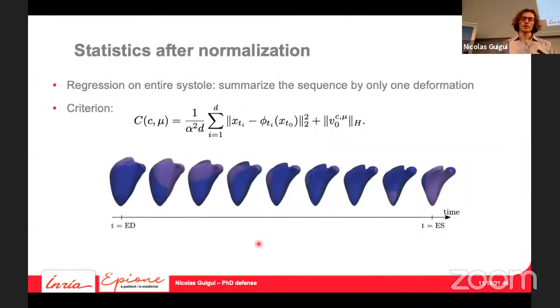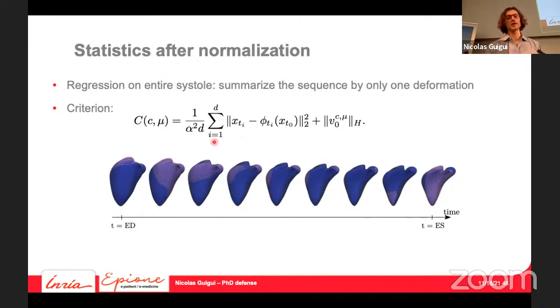And finally, now that we have normalized the deformations, we can accomplish our initial goal of comparing them by performing statistics. In order to do so, we first summarize each normalized sequence by a regression. So we look for one deformation such that the deformed template is closest to each frame of the sequence.